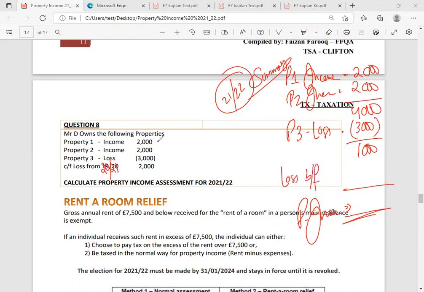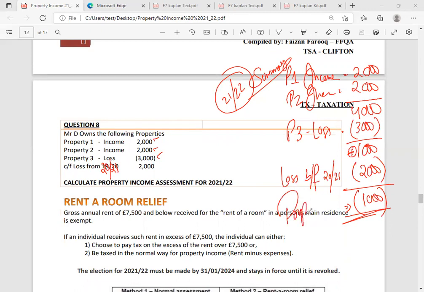We have 1000 positive, meaning income, but the problem is there is a brought forward loss from the previous year, 2000. So this gives me negative 1000. So again, this is a property loss, and it will be carried forward to the next tax year. Any questions, please? No questions.